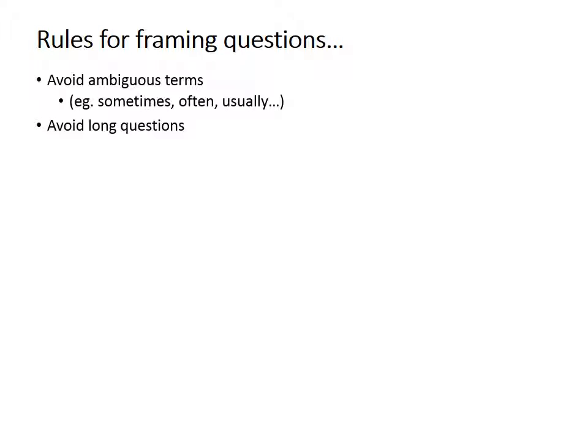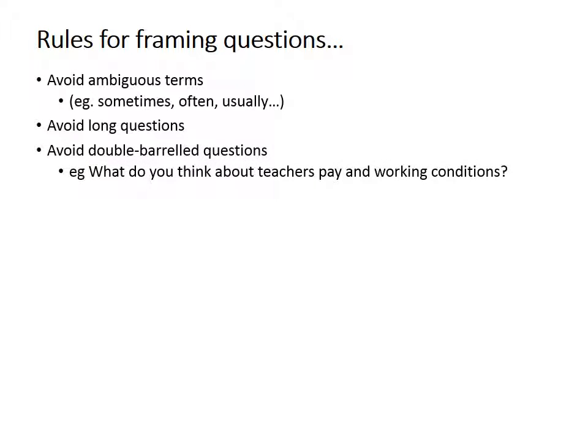Avoid long questions. Particularly if you're interviewing individuals, you definitely want to avoid long questions. If the question's too long, there's a chance the participant may forget the beginning of the question. And that's particularly the case in double-barreled questions. What do you think about teachers' pay and working conditions?